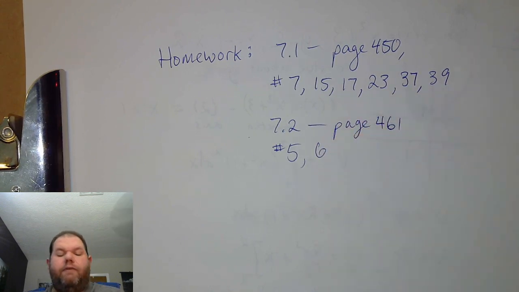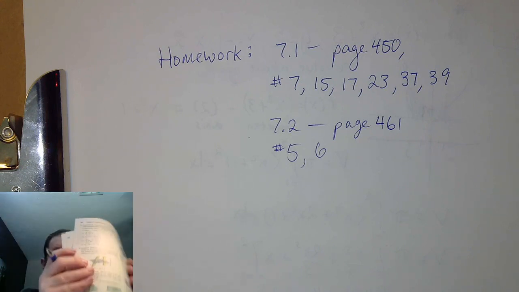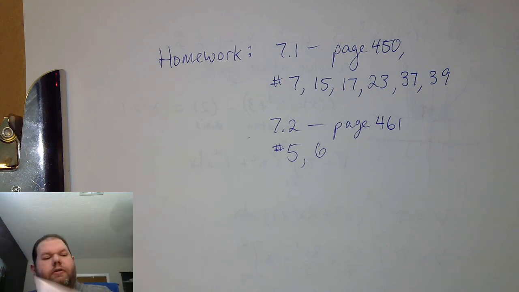Just go ahead and look at 5 and 6 there. There are some other problems that we could work, but I want to make sure you're okay with the basics first before we dive into some of the other problems. None of those have strange axes or anything like that. They're just the function as the radius.